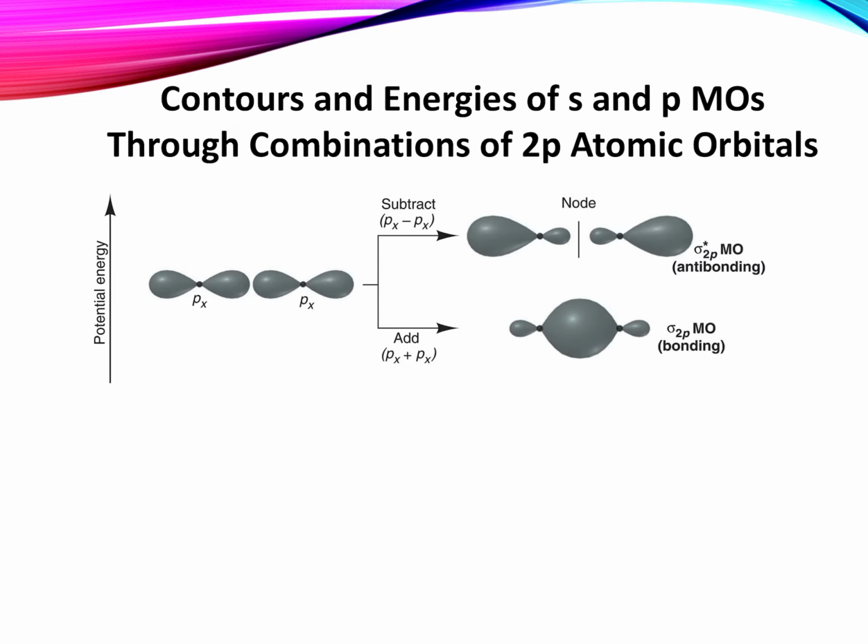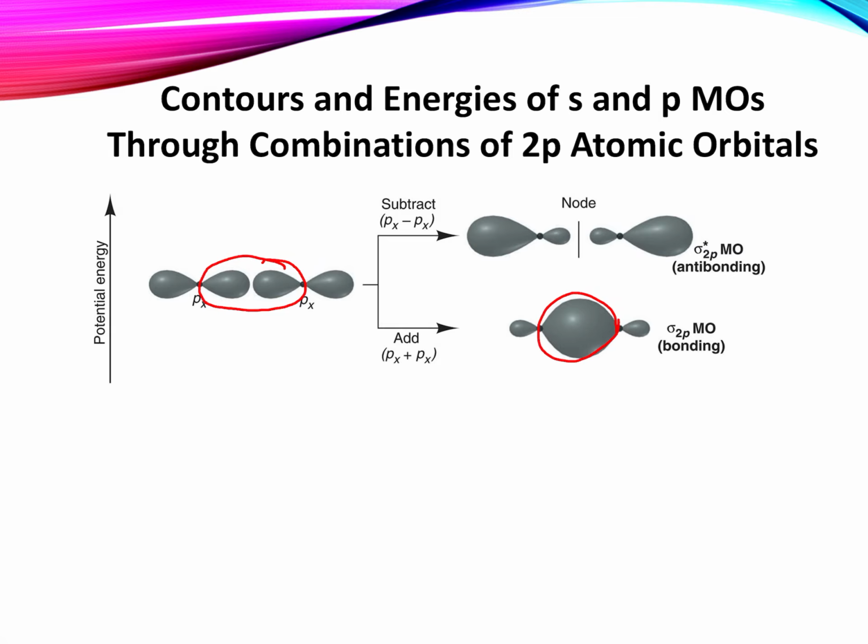So here we go. If you have this side-by-side overlap, where the p's are both going in the x direction, the way that they add together is they're going to combine, and we're going to get a region of lots of electron density in the middle. That will be the shape of the sigma 2p molecular orbital when it is a bonding molecular orbital.